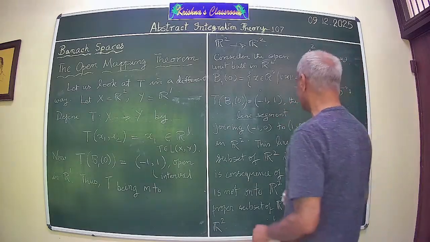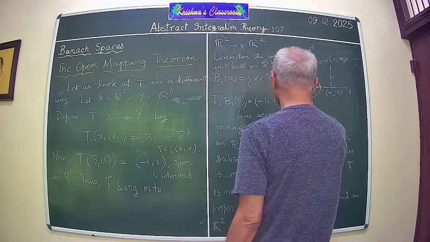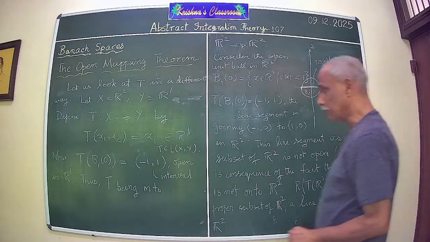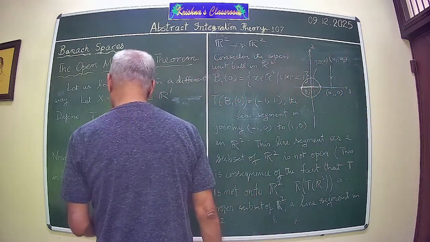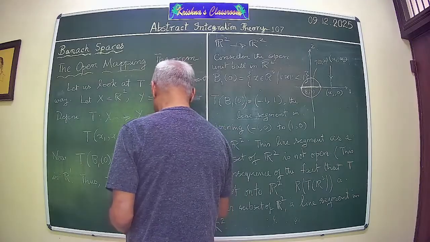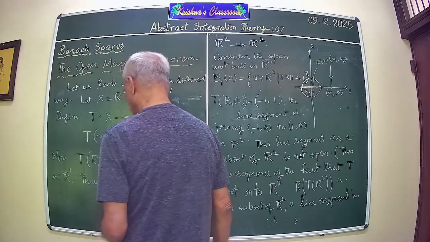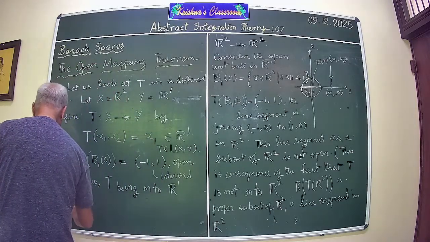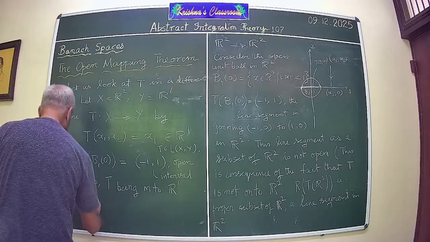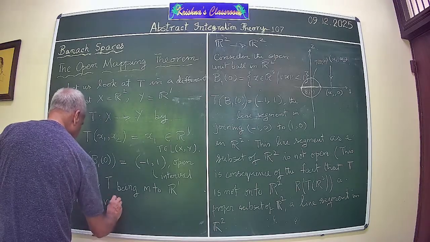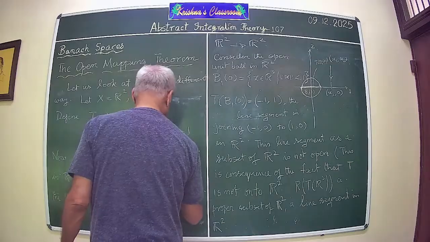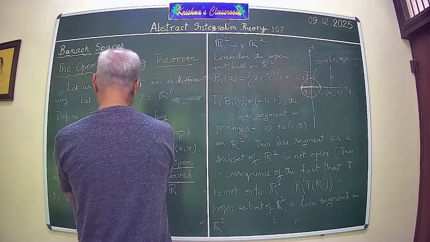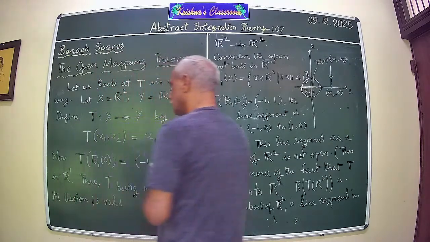This is the interval, the line segment. Okay, I have explained it. Okay, right. So T being onto R1, by the theorem, that is, this is the open interval. So T maps the open ball to the open interval.